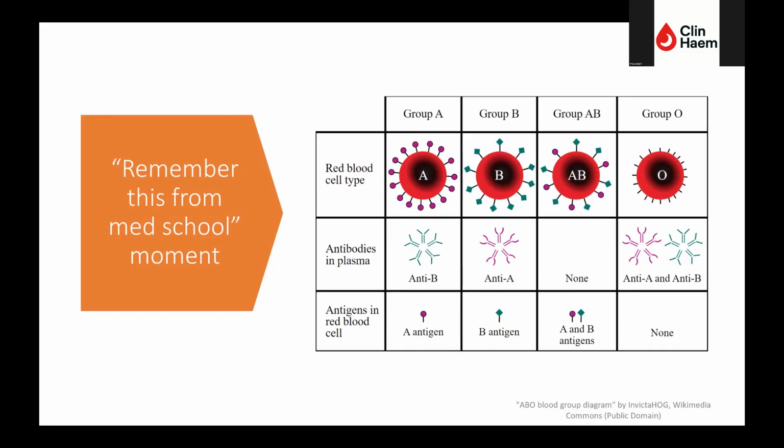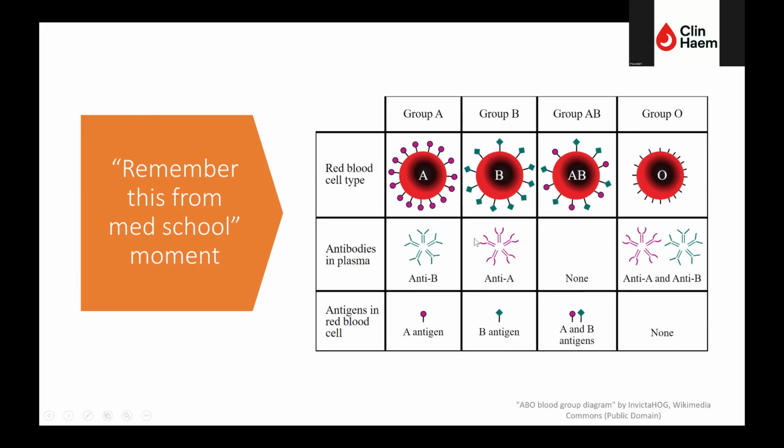So this is about the ABO system. If a person is blood group A, they have naturally occurring antibodies against B antigen. And if somebody has blood group B, it means their blood cells have B antigens and their plasma has antibodies against A antigens.